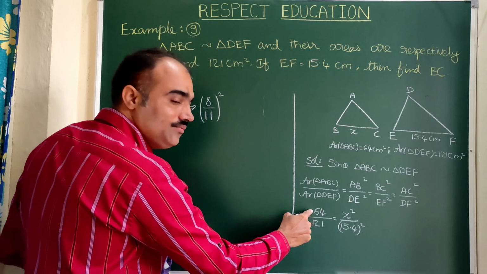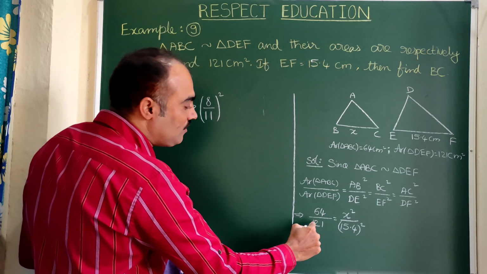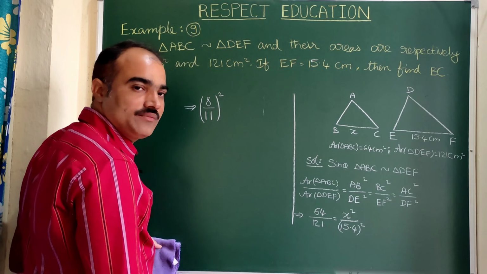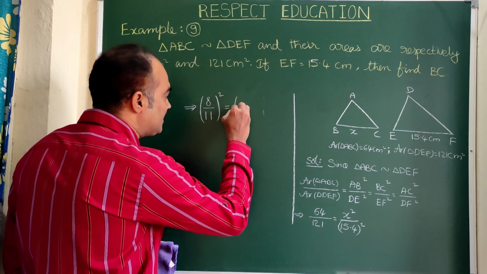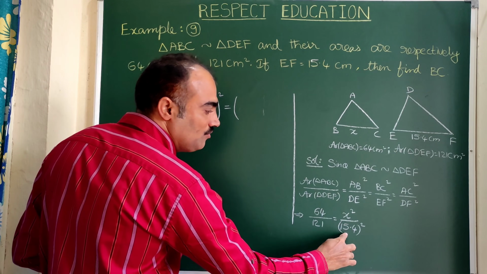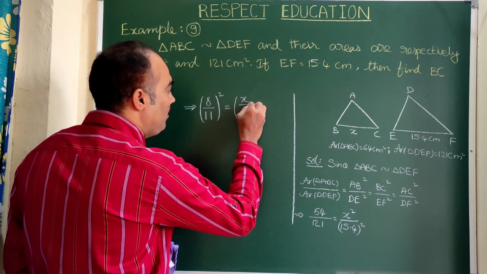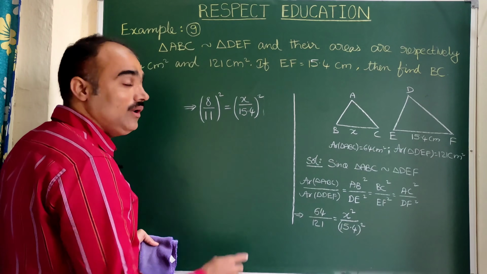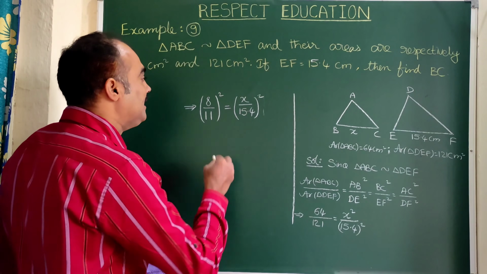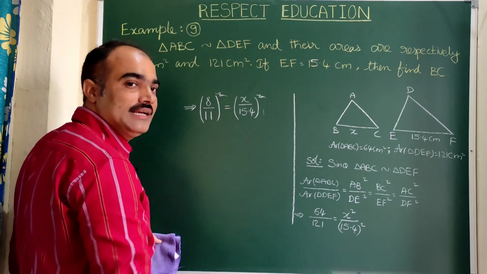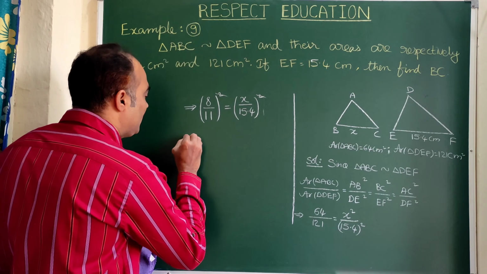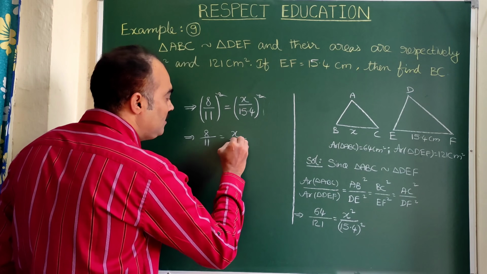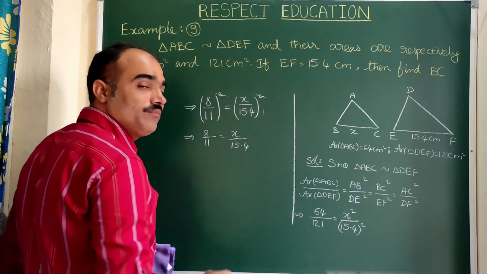Is it clear? 64 is 8 square, 121 is 11 square, so I am writing in a single square. 8 by 11 whole square is equal to X by 15.4 whole square. Now let us take the square root on both sides. Then the squares get cancelled. So finally we get 8 by 11 is equal to X by 15.4.